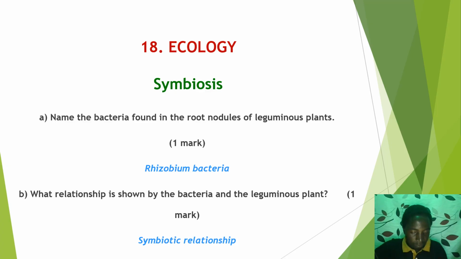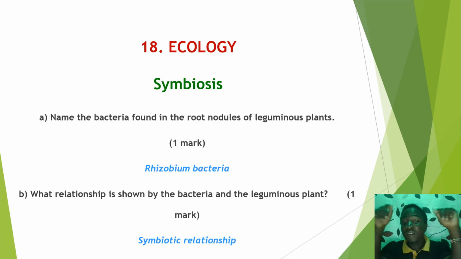Let's look at our next question, ecology, and that is basically symbiosis. We are to name the bacteria found in the root nodules of leguminous plants. The only bacteria that is found in the root nodules of leguminous plants are usually known as the rhizobium bacteria. And remember, they are nitrogen fixing bacteria.